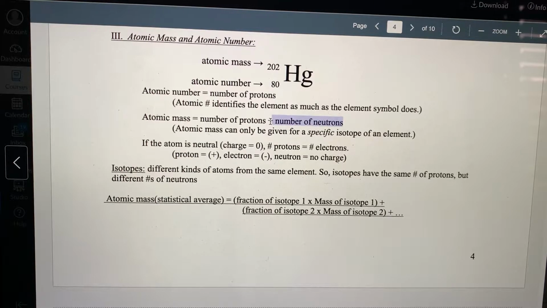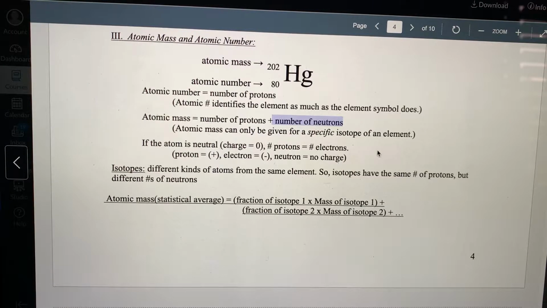Now remember, on the periodic table you don't see whole numbers, except for the artificial one, the man-made one made in the lab. But you see numbers like 202.529 or whatever. That's because on the periodic table the atomic mass is the weighted average of all the isotopes.